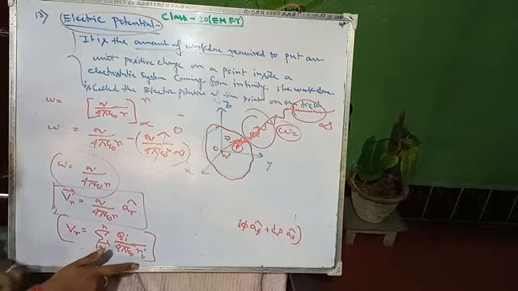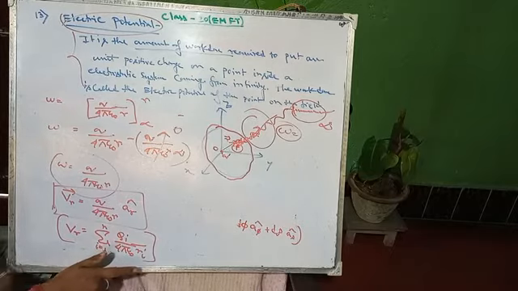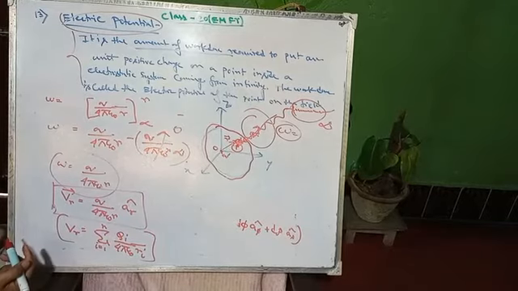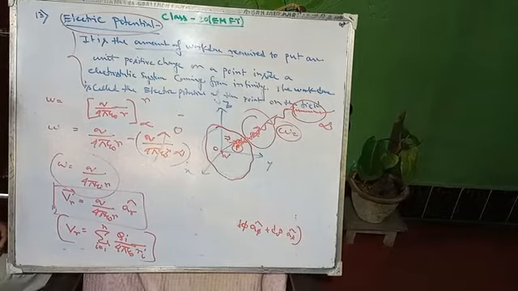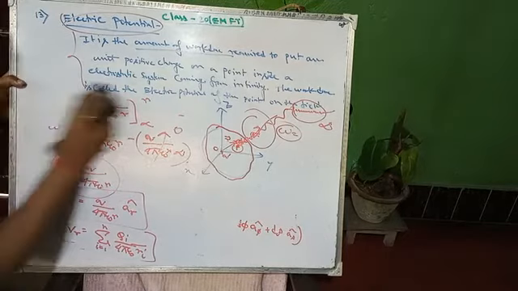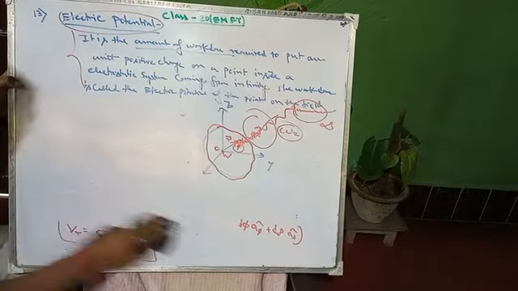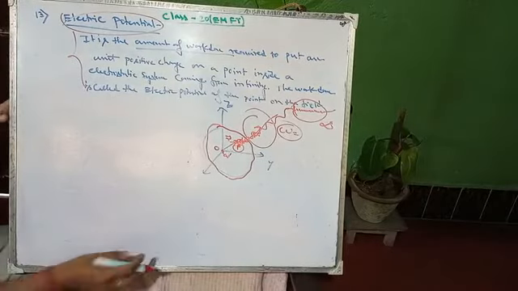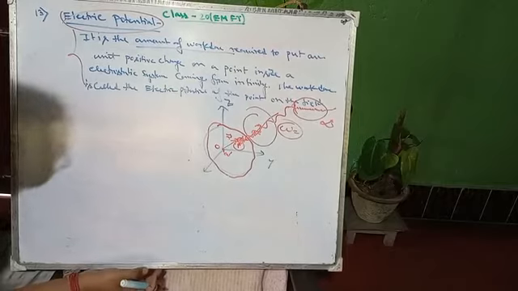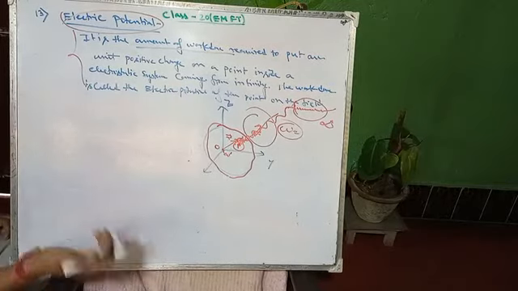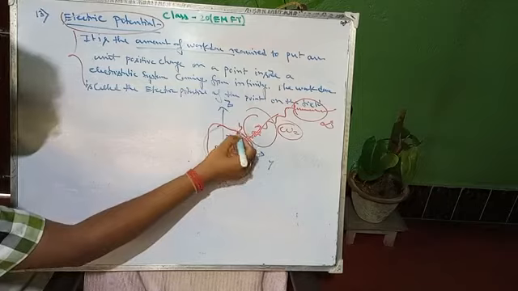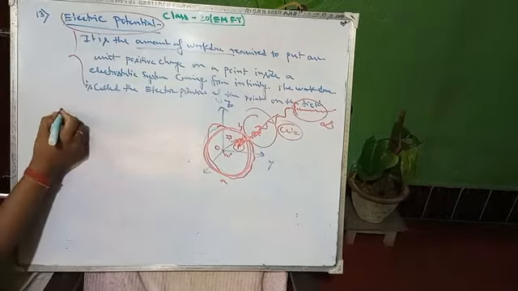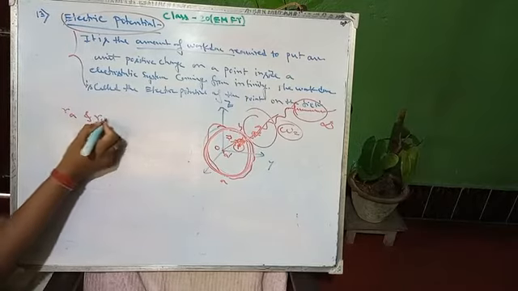Okay, so for an electrostatic field, the work done required to transmit a unit positive charge from point A to point B, which are on Gaussian surfaces having radius RA and RB respectively.